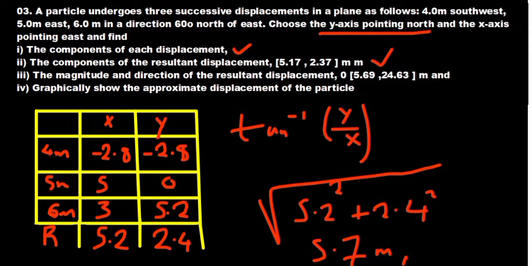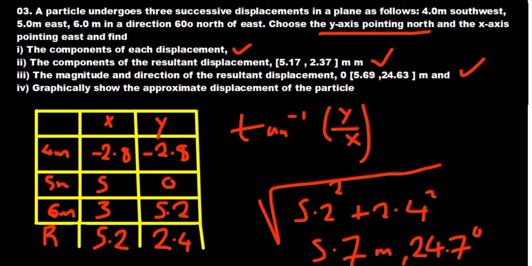So it will be y, 2.4, divided by x, 5.2. Tan inverse of that, you have 24.7. This is the way I said you should be presenting your solutions. So we've answered the third question as well.